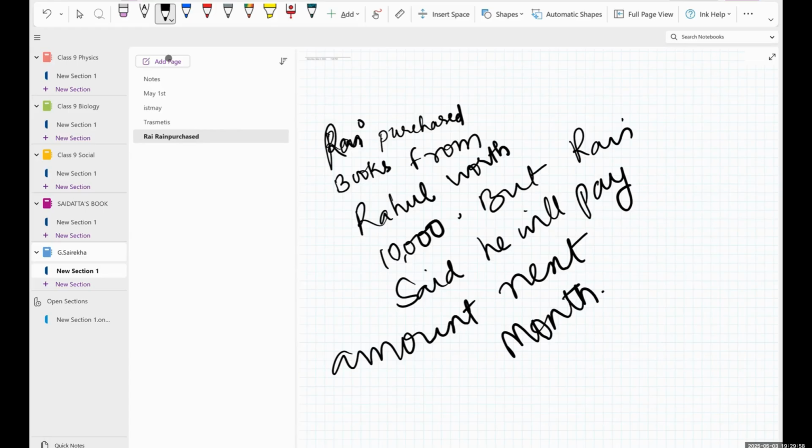Now, can you see this? Yes, ma'am. Ravi purchased books from Rahul worth 10,000. But Ravi said that he will pay the amount next month.